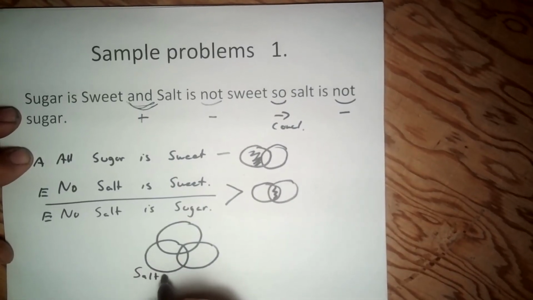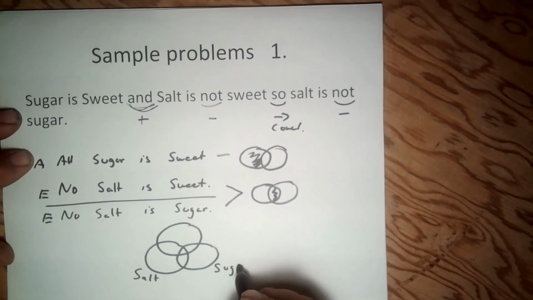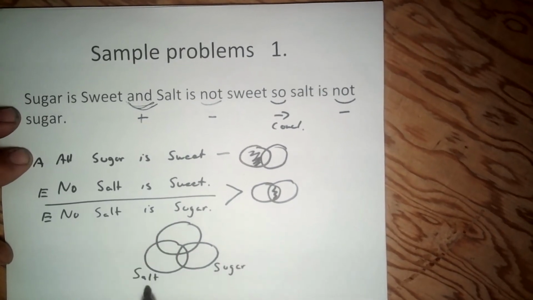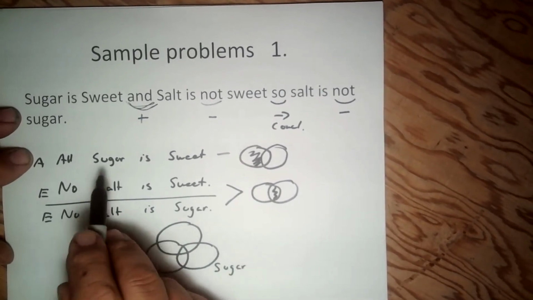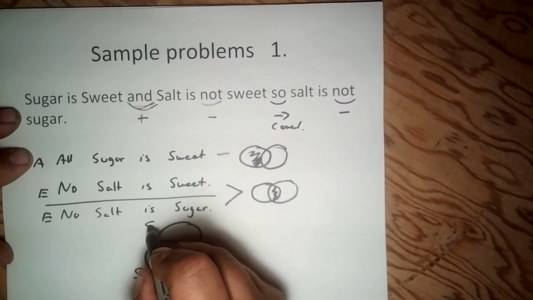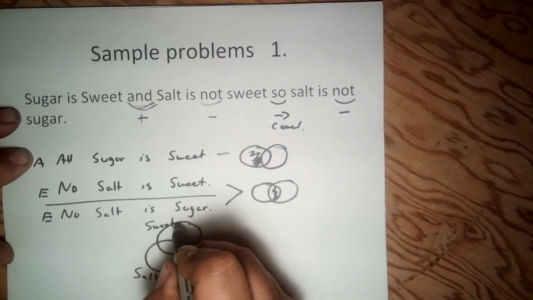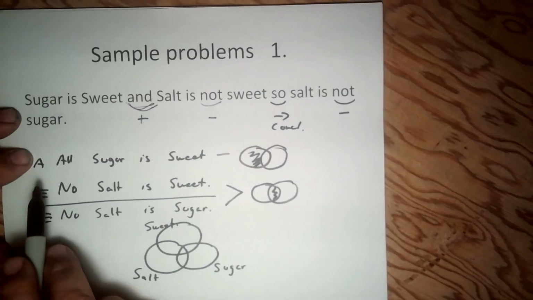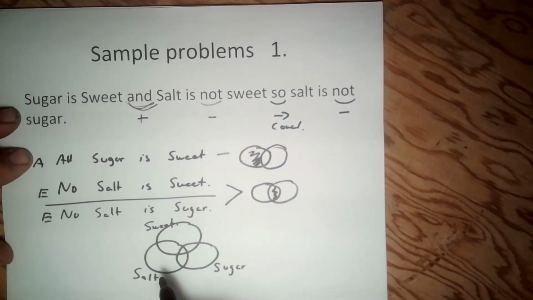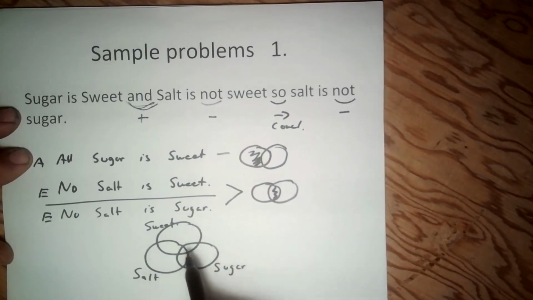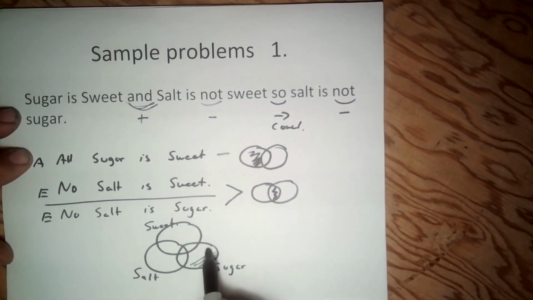Salt, sugar for the bottom left and bottom right, and then the middle term sweet stays up here. So now we diagram all sugar is sweet. So that's this circle and this circle, like that.